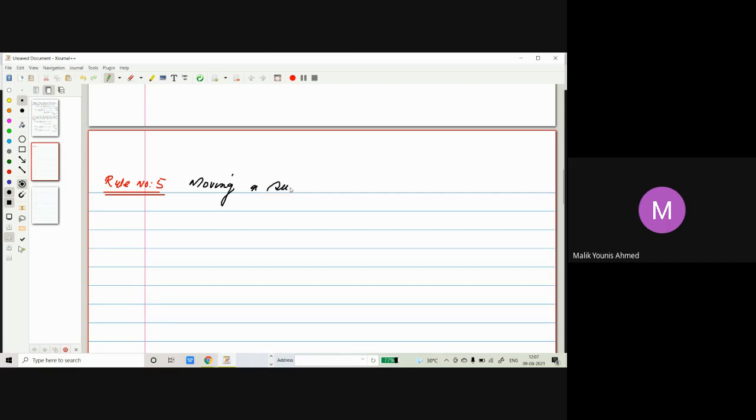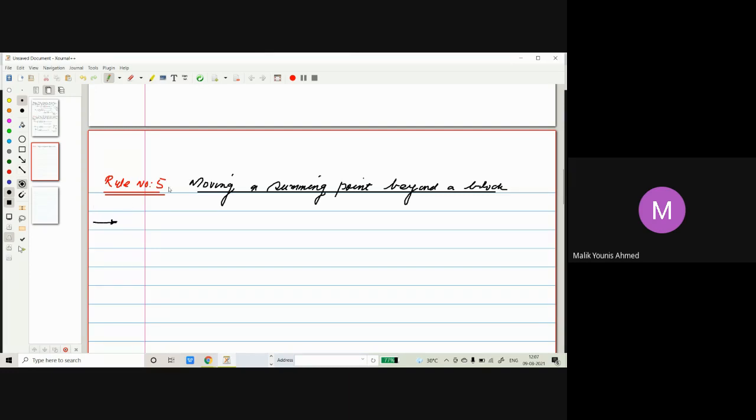Moving a summing point beyond a block. So this is the point. Now let's see what we can do.